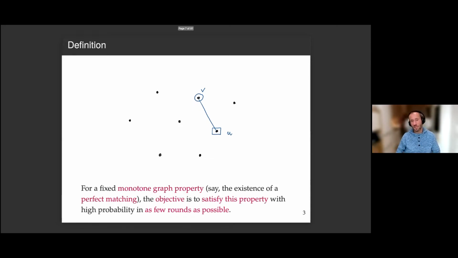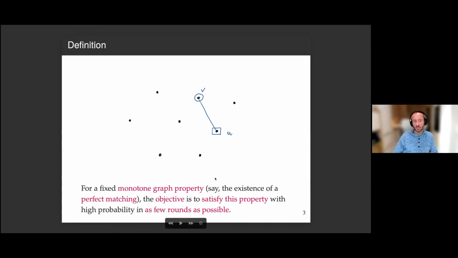So what is the aim of the game? The aim of the game is to get some monotone graph property. Monotonicity is useful, though not really needed, because once you hit this property, you might want to keep it later on.